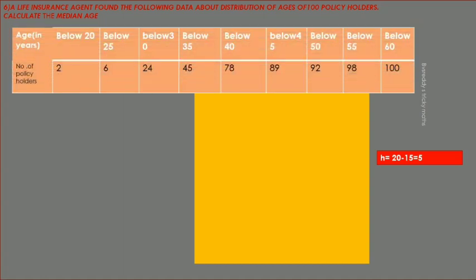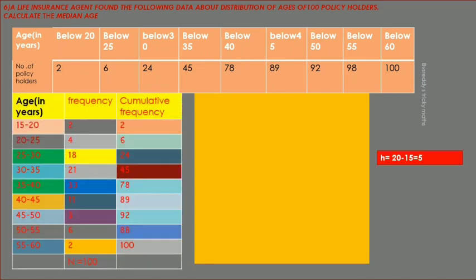The table is also given. Below 20, 2 members; below 25, 6 members; below 30, 24 members; below 35, 45 members; below 40, 78 members; below 45, 80 members; below 50, 92 members; below 55, 98 members; below 60, 100 members. So I can frame the table like this: age in years 15 to 20, 20 to 25, 25 to 30, and the class size is 5.